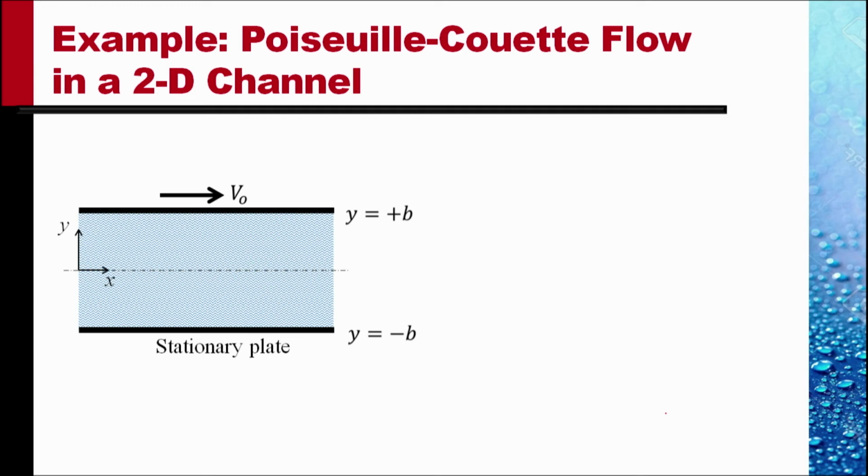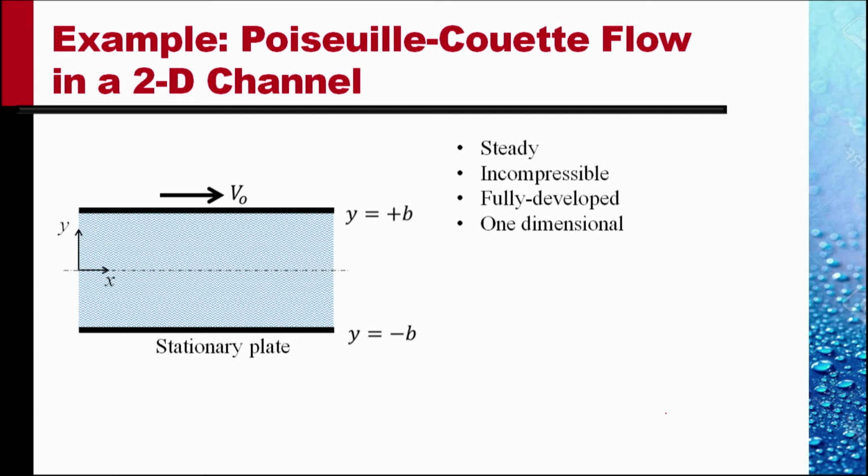We are interested in steady flow, so this plate has been moving for a long time, infinitely long plate. We assume the flow to be steady, incompressible, fully developed, no changes in the x direction.